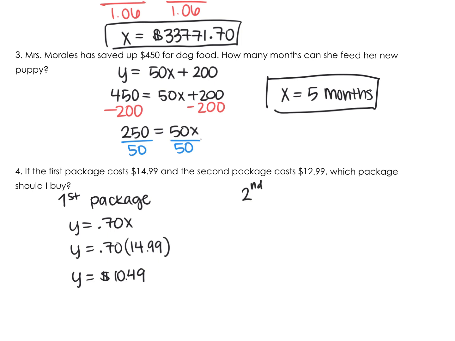For the second package, we have that y equals 0.75x. So we'll do 0.75 times $12.99.